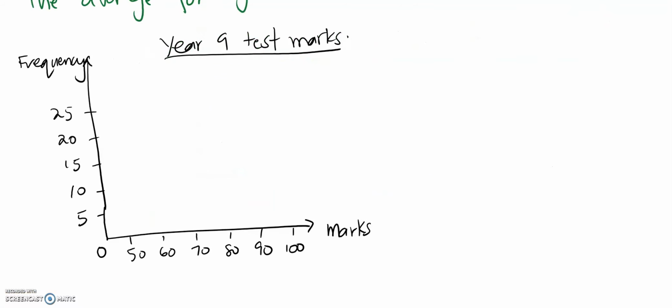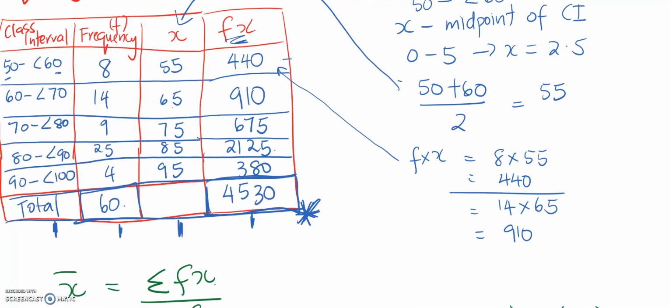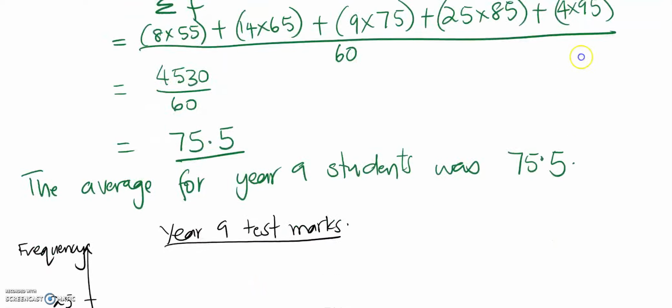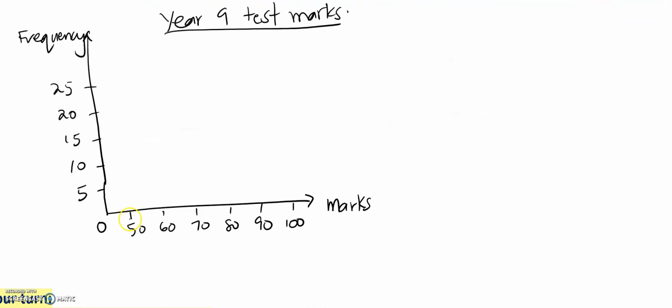The next thing would be to draw the frequency graph, and that should match your table. If you have a look, in the interval of 50 to 60, the frequency is 8. Be mindful that we start drawing at 50. So we draw the bar from 50 to 60, up to 8.